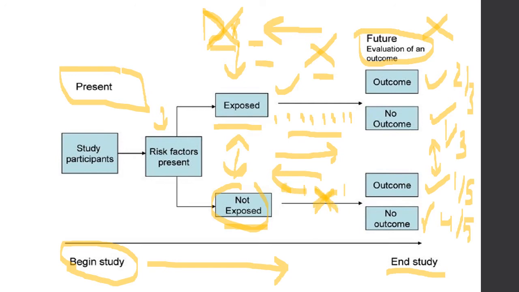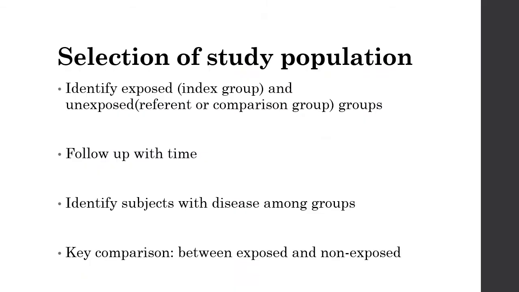We asked them how many of them were exposed and how many of them were not exposed. So can you see how it is the reverse of what we have talked about in case control study, and this is the cohort study. I hope this is clear.